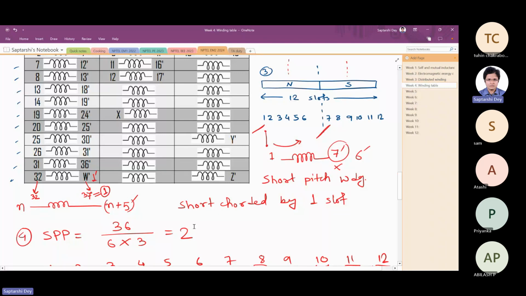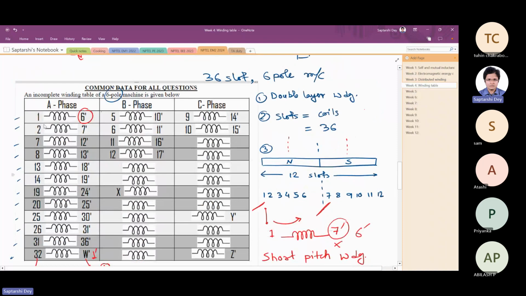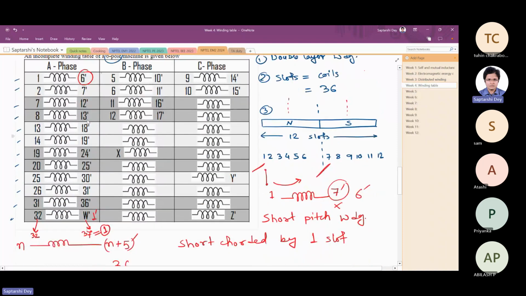So what do we have? 1 primed. Let us see what do we have from this table. 1, 2, 6 primed, 1 primed. So this all we have.